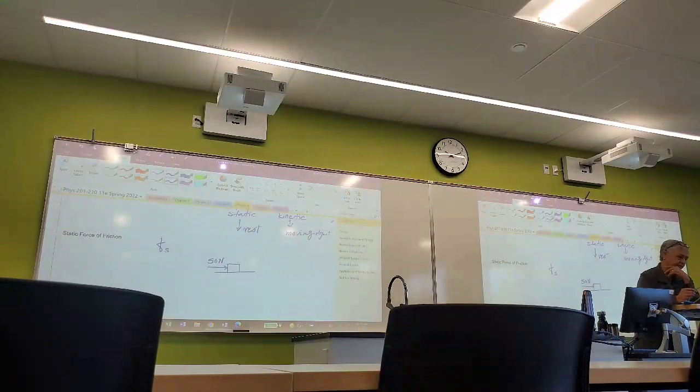So it doesn't move, and this opposing force can be equal to 50 or greater than 50. It cannot be less than 50 for sure, right? All right. So then you increase your force. Okay, it's not moving, and you increase it to 70 Newton, and it still doesn't move.